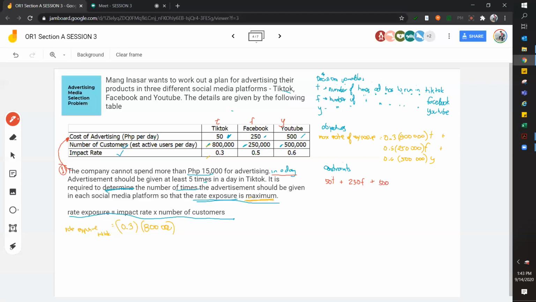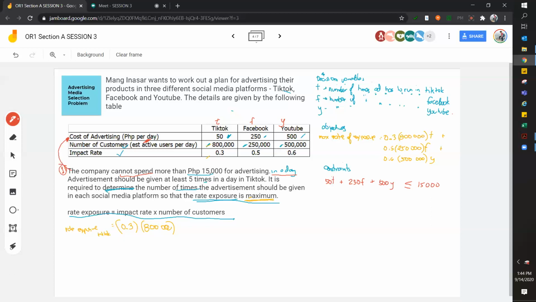Plus 500 na ilalagay siya sa YouTube. Ay dapat cannot be more than. So dapat less than or equal sa 15,000. Again, kada araw to. Nilinawan natin. Kada araw kasi yun eh. So that's the first one.